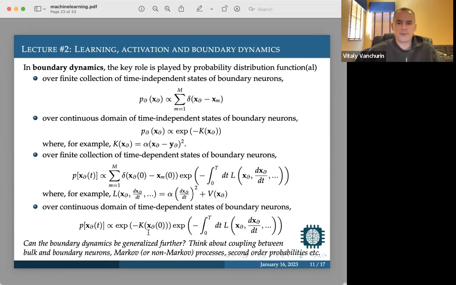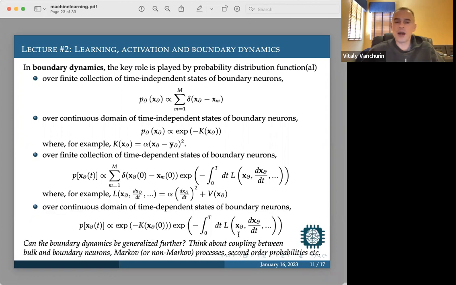Okay, now here again, I add this slide with open questions. Can it be generalized further? And of course, the answer will be yes. And here are the directions for you to think about. What are the possible couplings that you can introduce between bulk and boundary neurons? Here, as you see, all this probability distribution did not depend on the bulk neurons. There was no feedback.